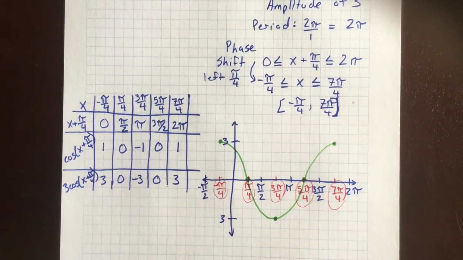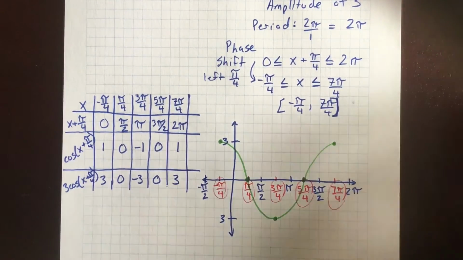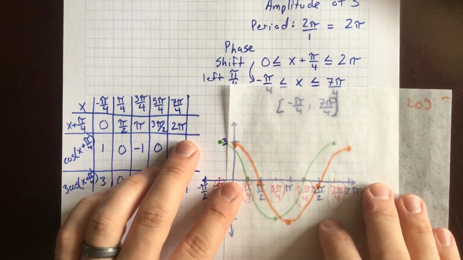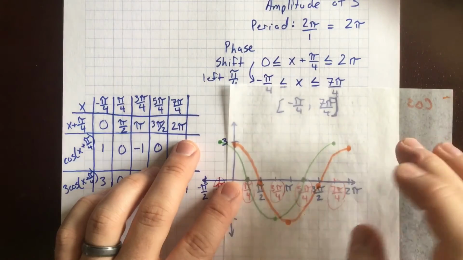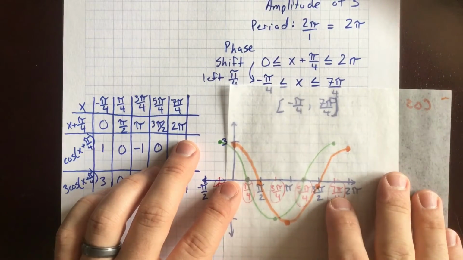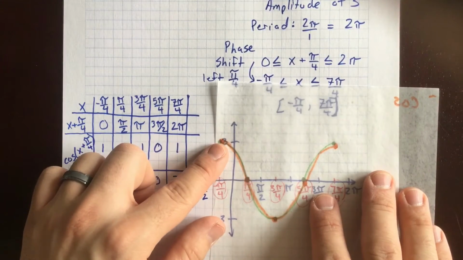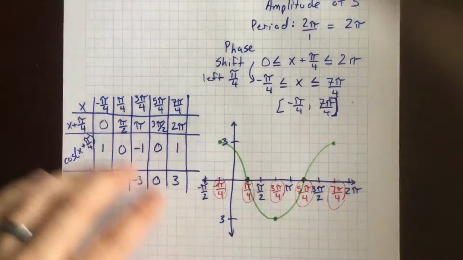And just like that. So placing our cosine graph on top, here we are originally. Obviously this was with the amplitude of 1, but we just see the shift of going left pi over 4. Okay? Let's try another. I have a couple more for us to look at.